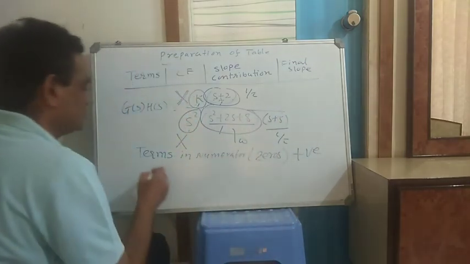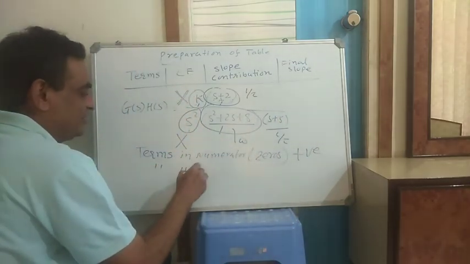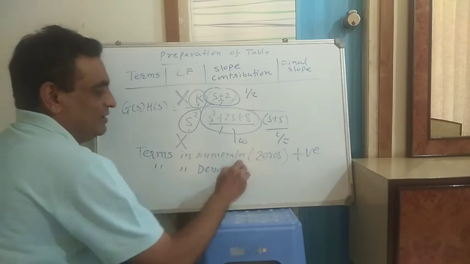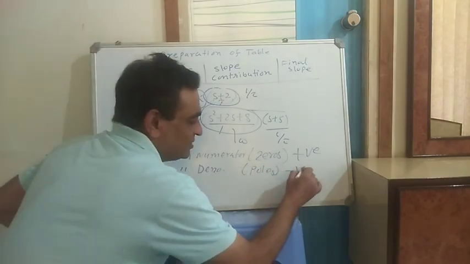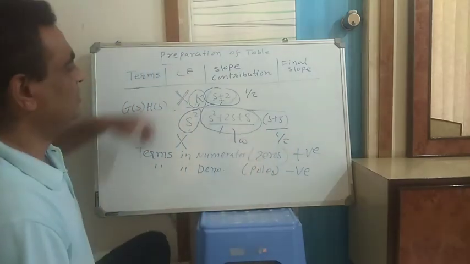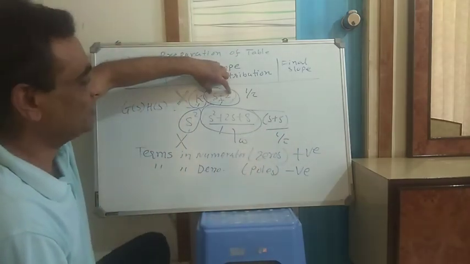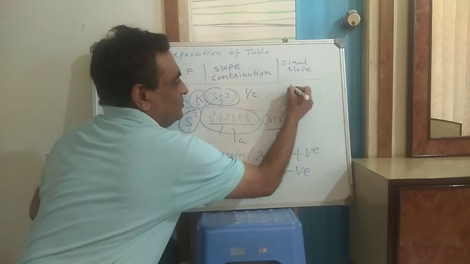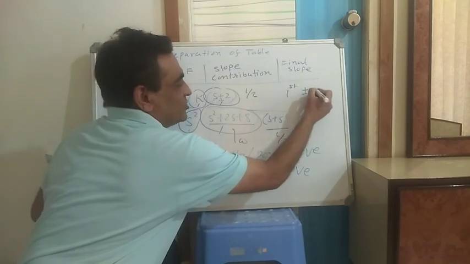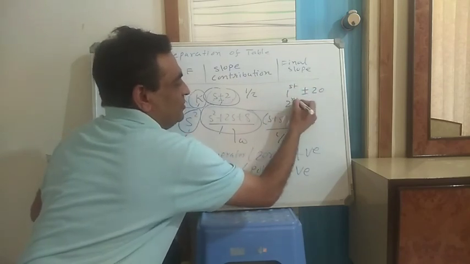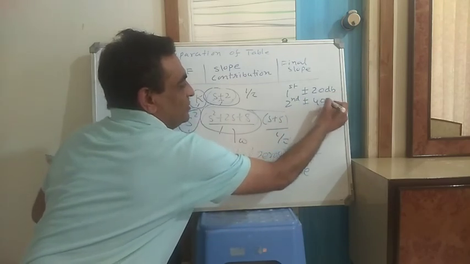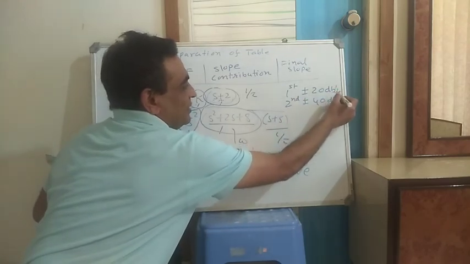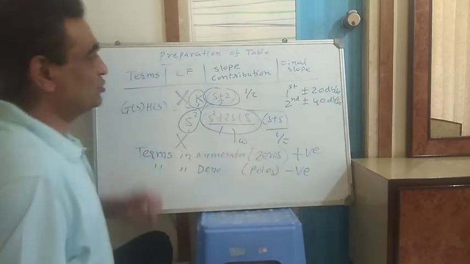And terms in the denominator, that is from poles, the slope contribution is always negative. A first order term will contribute plus or minus 20 dB per decade. A second order term will contribute plus or minus 40 dB per decade.